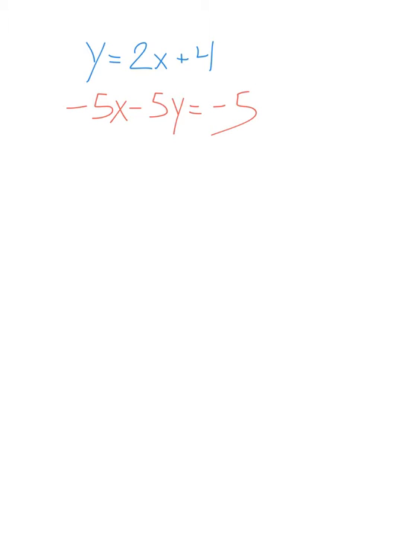So if I want to substitute, well, notice that y is solved for. We have y equals the expression 2x plus 4. So what I'm going to do is substitute that expression 2x plus 4 in for y into my second equation. So when I do that, it would look like negative 5x minus 5.